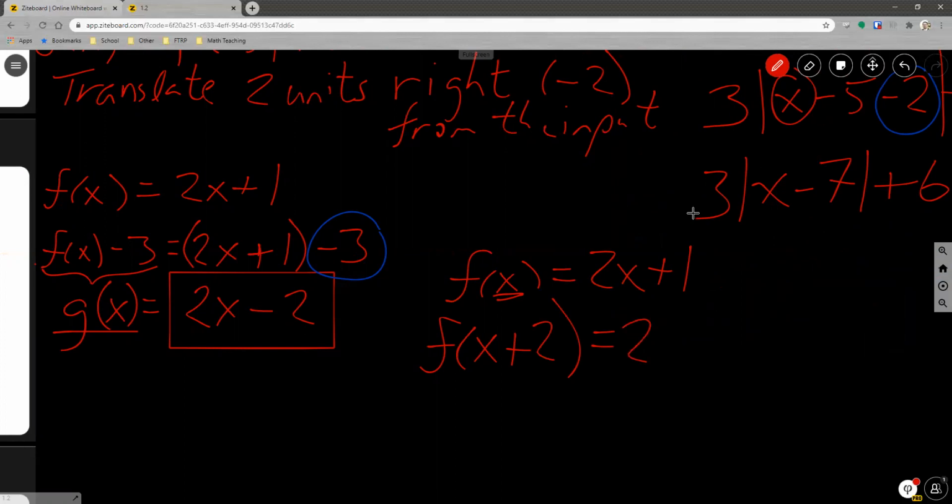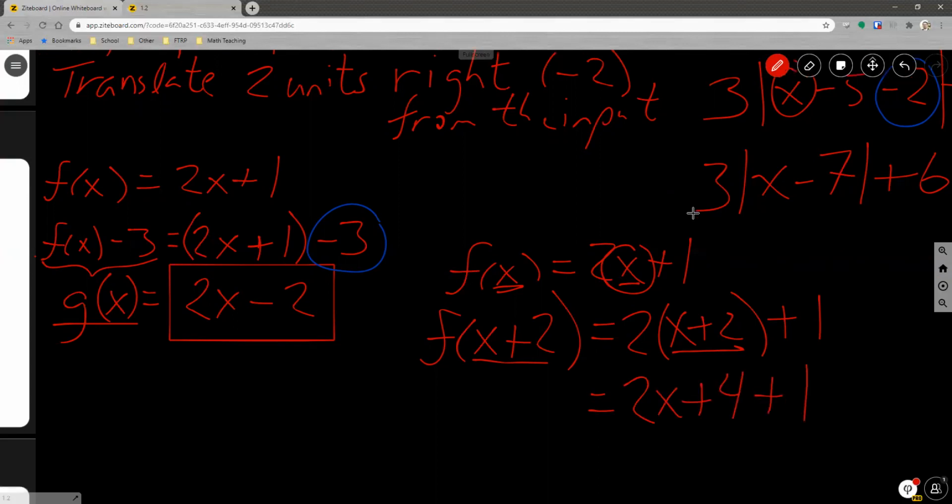This is where it gets kind of crazy. It's going to be 2 times x plus 2, because this x is my input. I'm modifying my input, turning it from x to x plus 2. So this x here needs to become an x plus 2 here. Adding 1. Do some quick multiplication. 2 times x is 2x. 2 times 2 is 4.